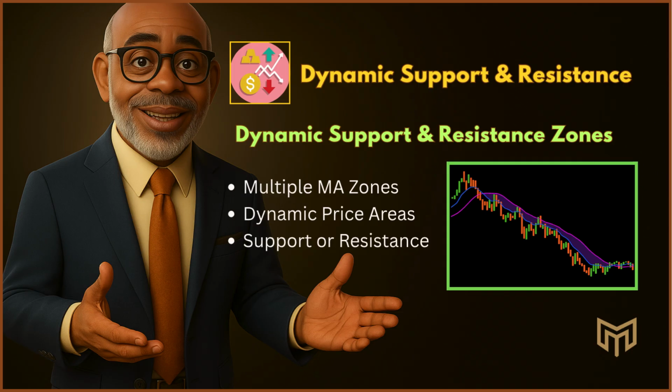Traders often use multiple moving averages together to create dynamic zones of support or resistance. For example, the area between the 10 moving average and the 20 moving average may act as a reaction zone where price pauses, bounces, or reverses. Instead of focusing on a single line, many traders observe the space between multiple moving averages to better understand trend strength and market behavior.